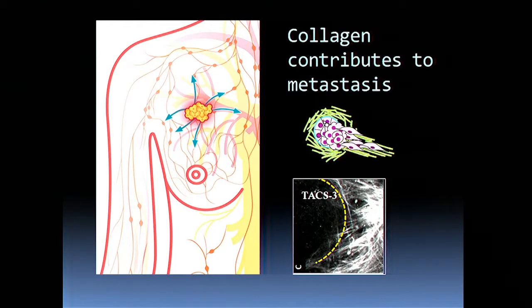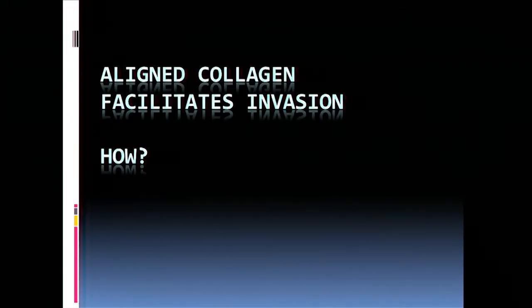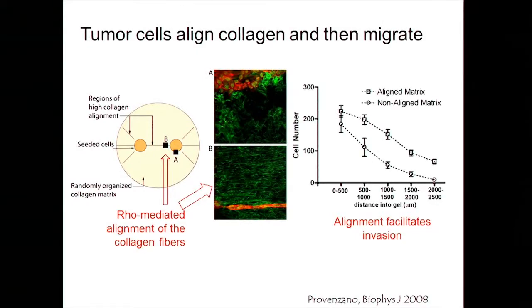All right, so what I've just told you is that collagen contributes to metastasis. So you get a lesion in the breast, it spreads, and it does so by walking out along the collagen fibers. So how does that occur? This is just a diagram of the experimental setup.